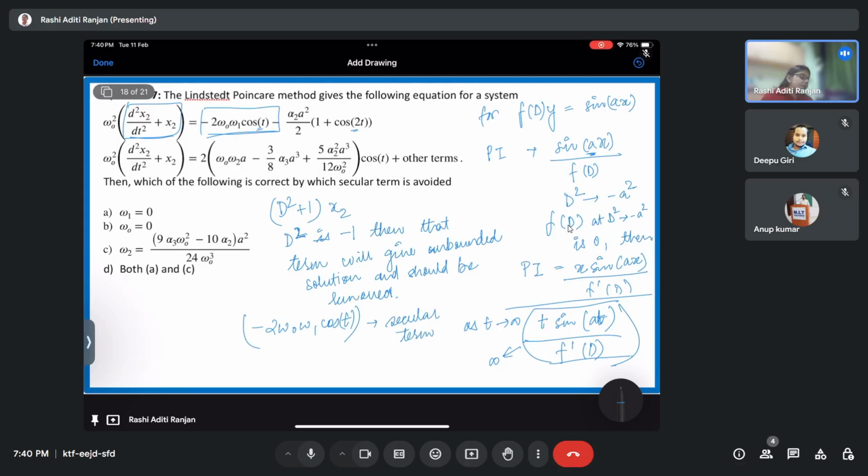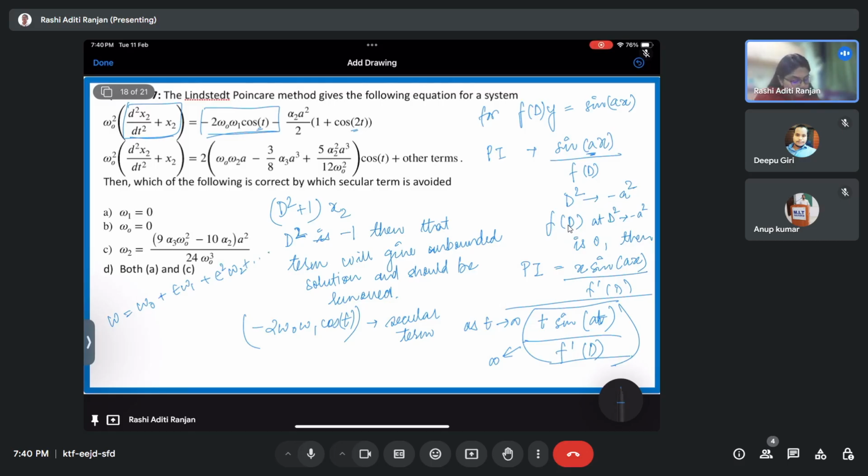Now how will I make it 0? Cos of t is not 0. Omega naught, which is the natural frequency of the system, will not be 0. So what will be 0? Omega 1, right? When we are using the Lindstedt-Poincaré method, we assume that omega is equal to omega naught plus omega 1 plus omega 2, like this, till nth orders.